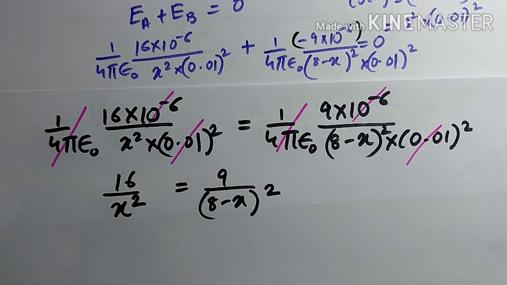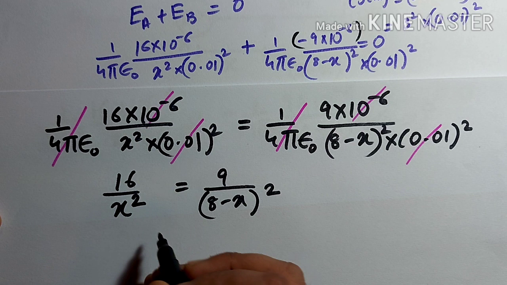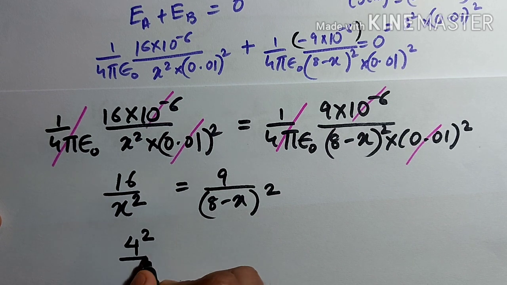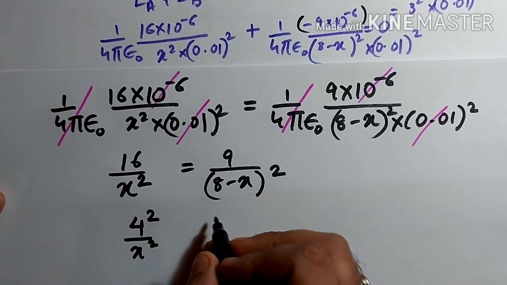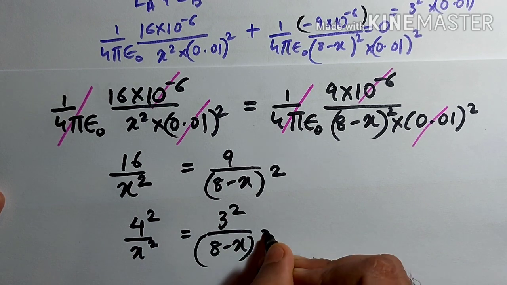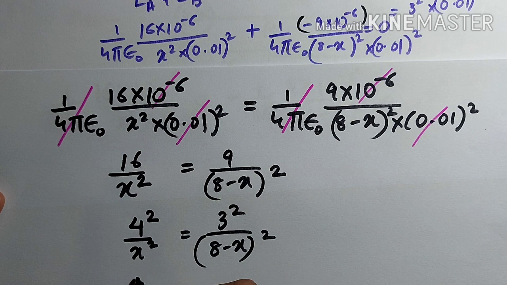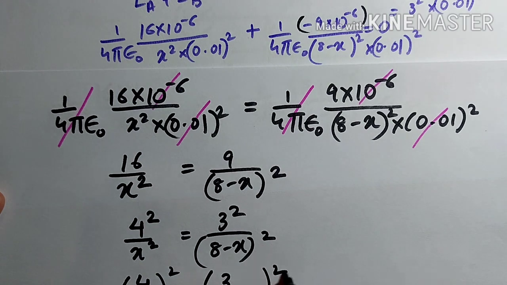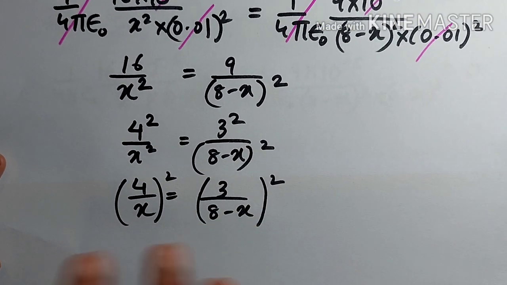In order to solve this, we know that 16 is 4 square by x square, 9 is 3 square by 8 minus x whole square. Now 4 by x equal to 3 by 8 minus x. In this form we can write.